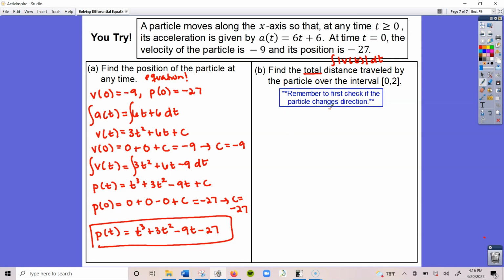So let's try. First, I need to check where it changes direction. Particles will change direction when velocity changes signs. So I need my velocity function, which we happen to find here in part A. You can see here before I integrated, I got that velocity is equal to 3t squared plus 6t minus 9.